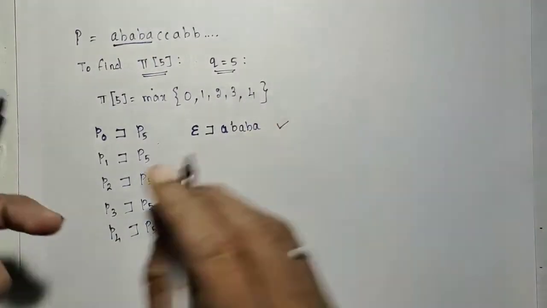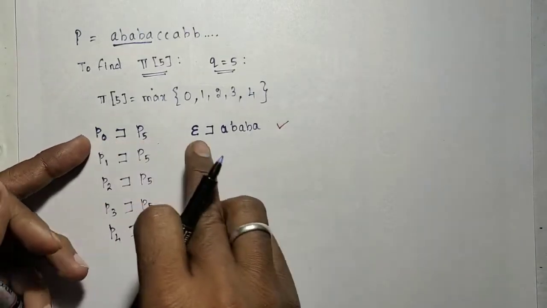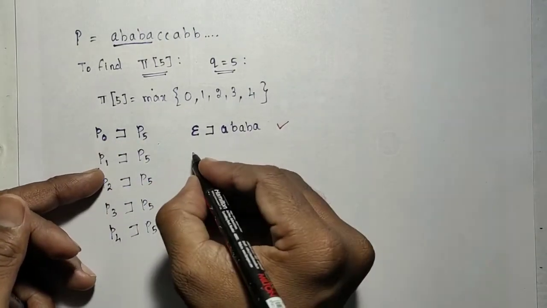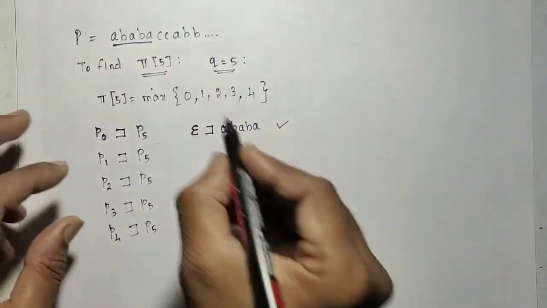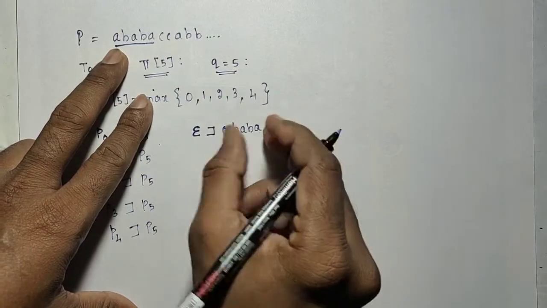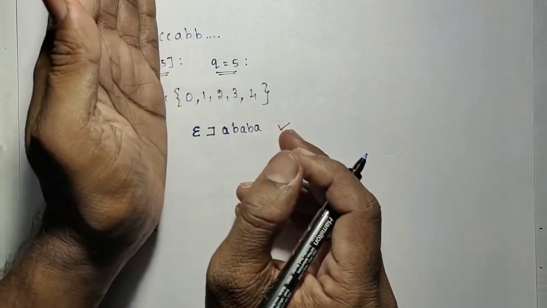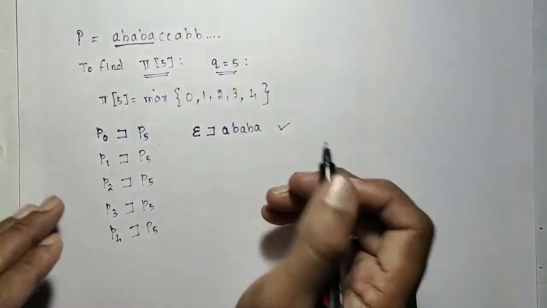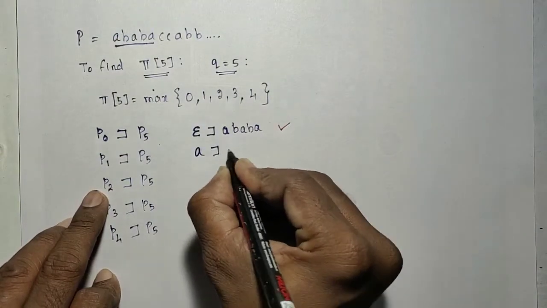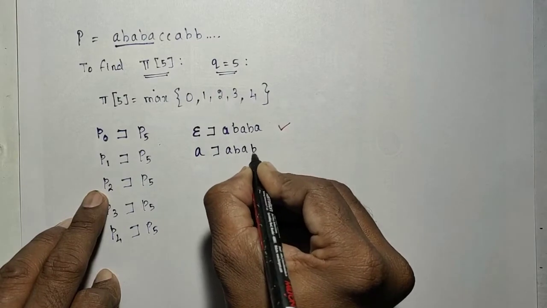So here this is a valid suffix. Okay, so our objective is not only checking, but finding the maximum suffix among them. For example, p1. P1 means the first character. So only the 5 characters are we going to consider, we are not going to consider other characters. So the first character, that is a, is a suffix of ababa.